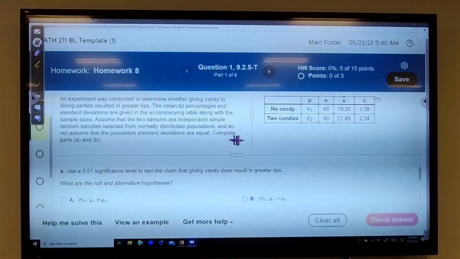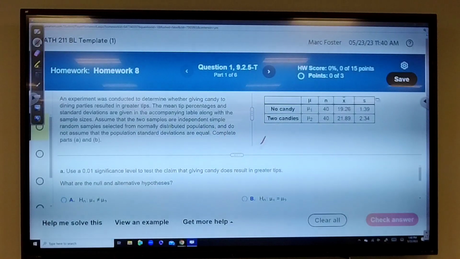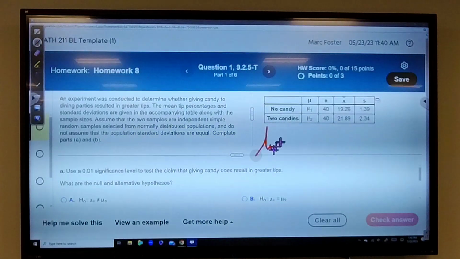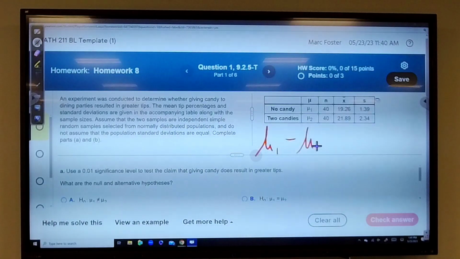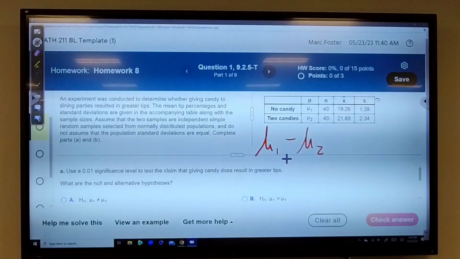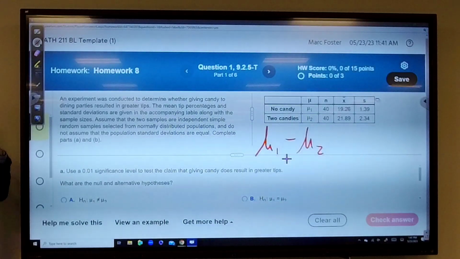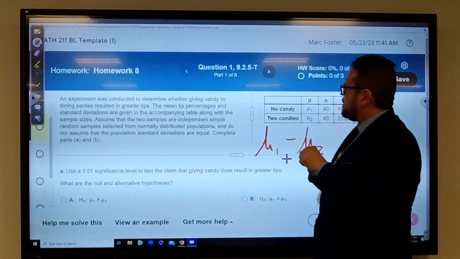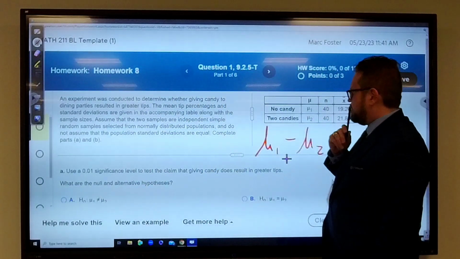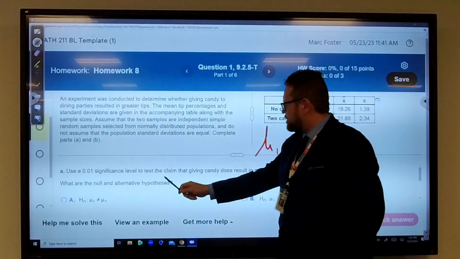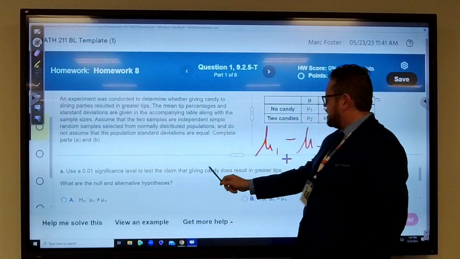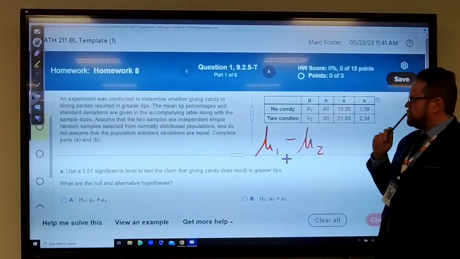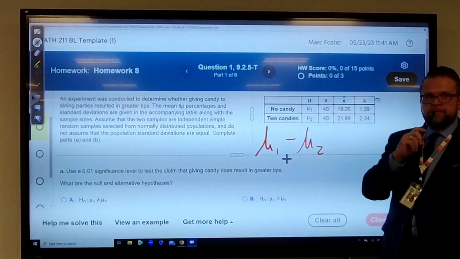One more thing before we get started. In our test statistic, we had this term, mu1 minus mu2. Right? That was the difference of the two population means. And what are they having us check here? Test the claim that giving candy does result in greater tips.